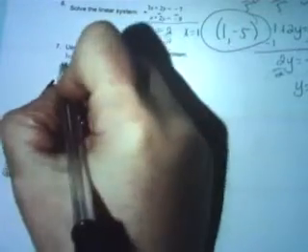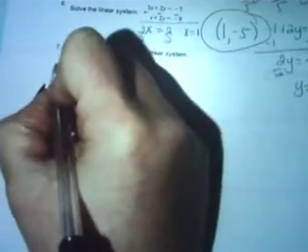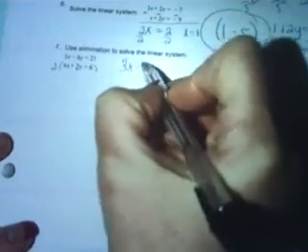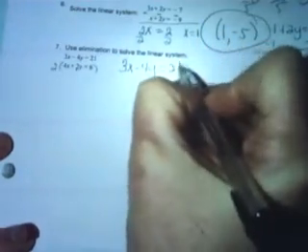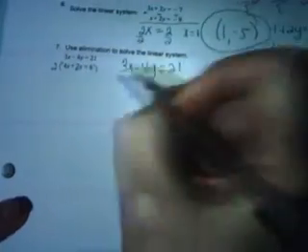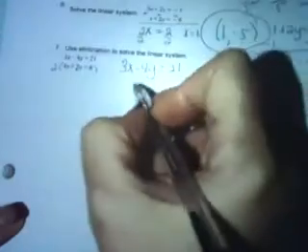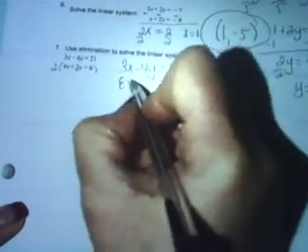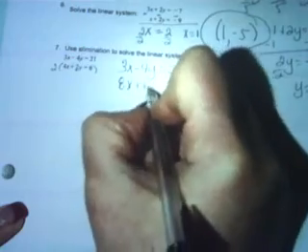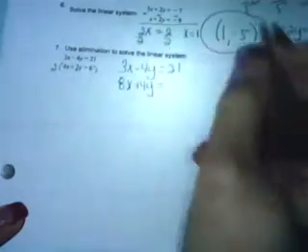So we have to multiply the entire equation by 2. I'm going to leave the first one as is. Second equation, 2 times 4x is 8x. 2 times 2y is positive 4y. And 2 times 6 is 12.